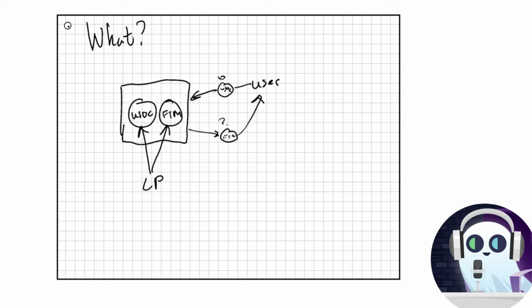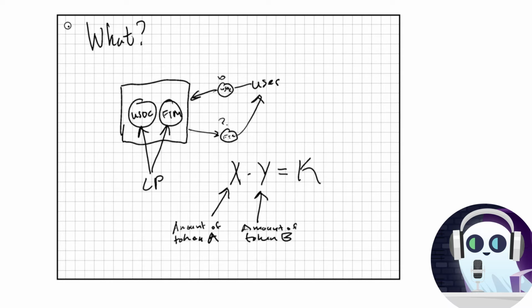The formula for this AMM is X times Y equals K. It's very simple, very elegant. X is the amount of token A, Y is the amount of token B, and K is a constant.